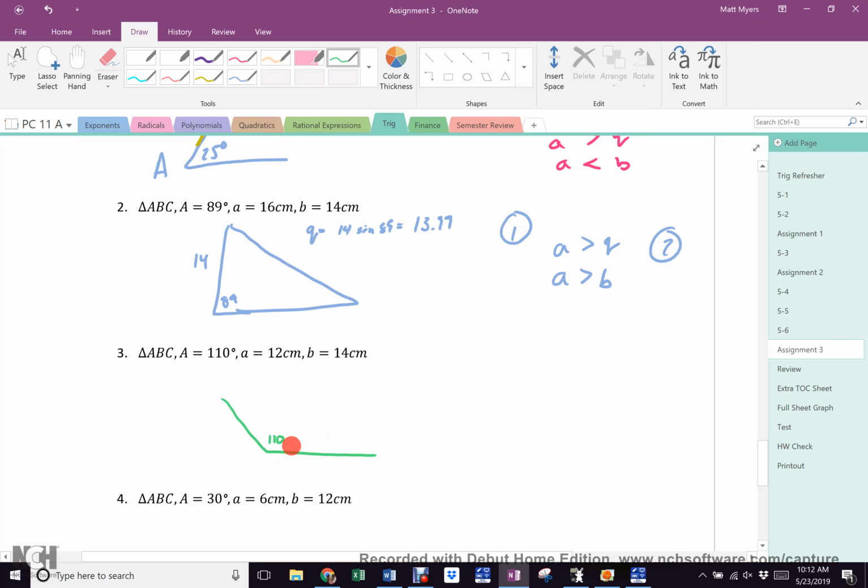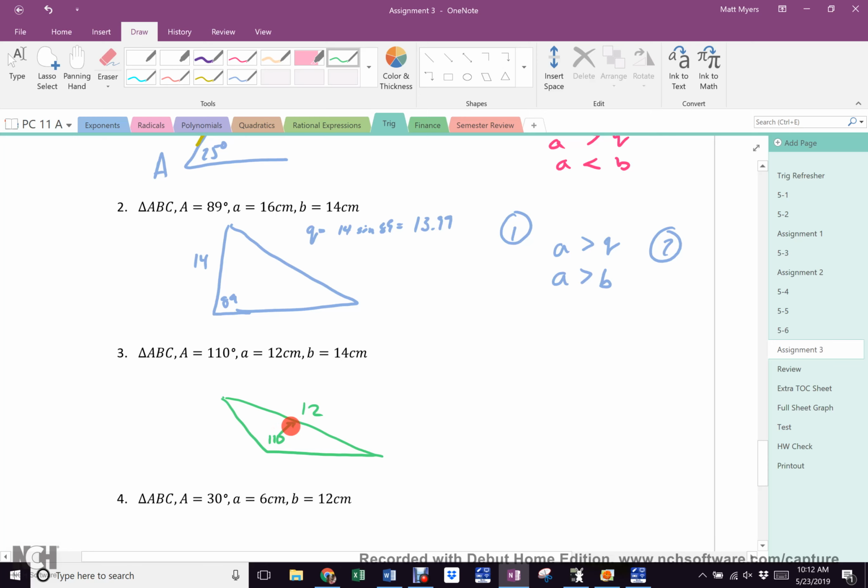How will we figure this one out? Well, we actually have the side across from A, don't we? So that is 12, right? Now, 110 makes that the biggest angle, doesn't it? It has to be the biggest angle, yes?